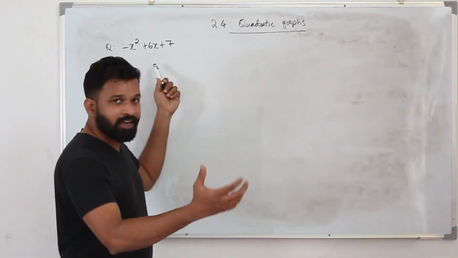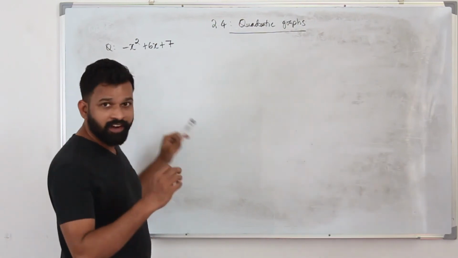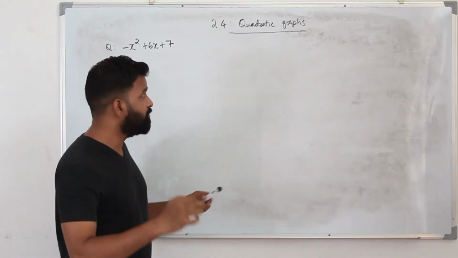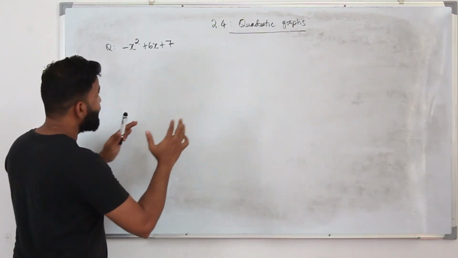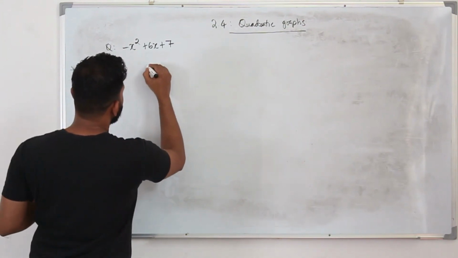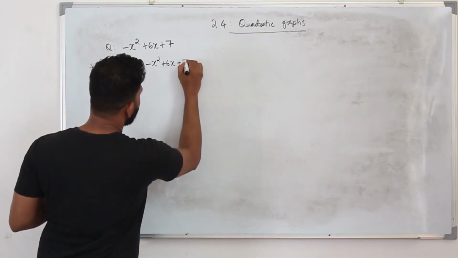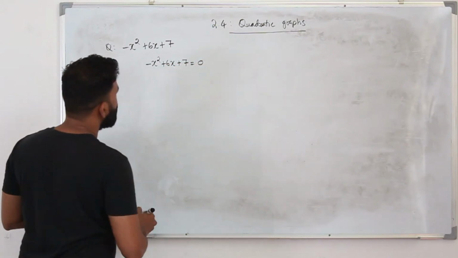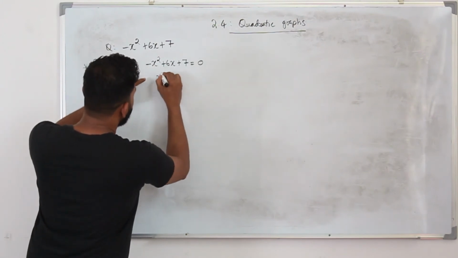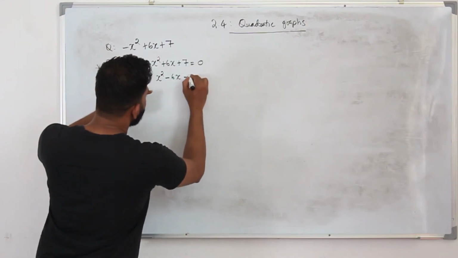This question is taken from your textbook exercise. We are going to sketch this graph and find the turning point, line of symmetry and everything. So as I already said, the first step is to solve this. Take it as minus x squared plus 6x plus 7 equals 0. You can multiply everything by negative 1: x squared minus 6x minus 7 is 0.